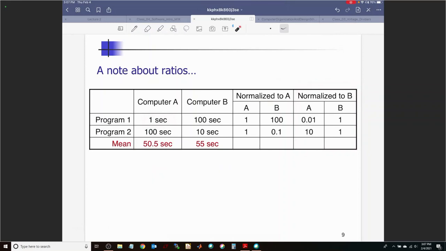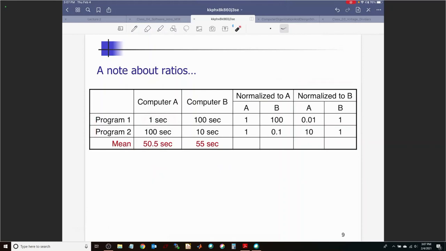And if I did this and used a weighted arithmetic mean, the question is, will I get the same answer no matter which computer I used to normalize or not? That's the question.